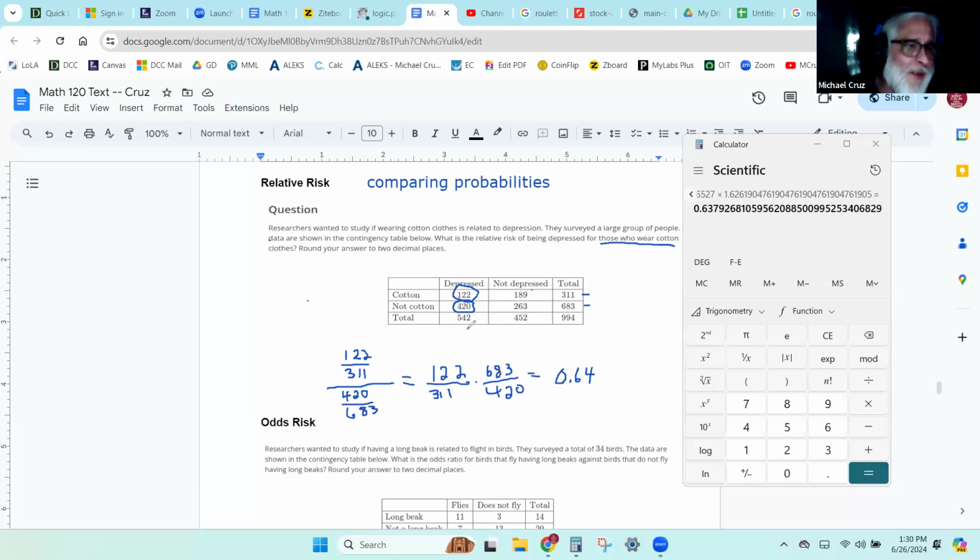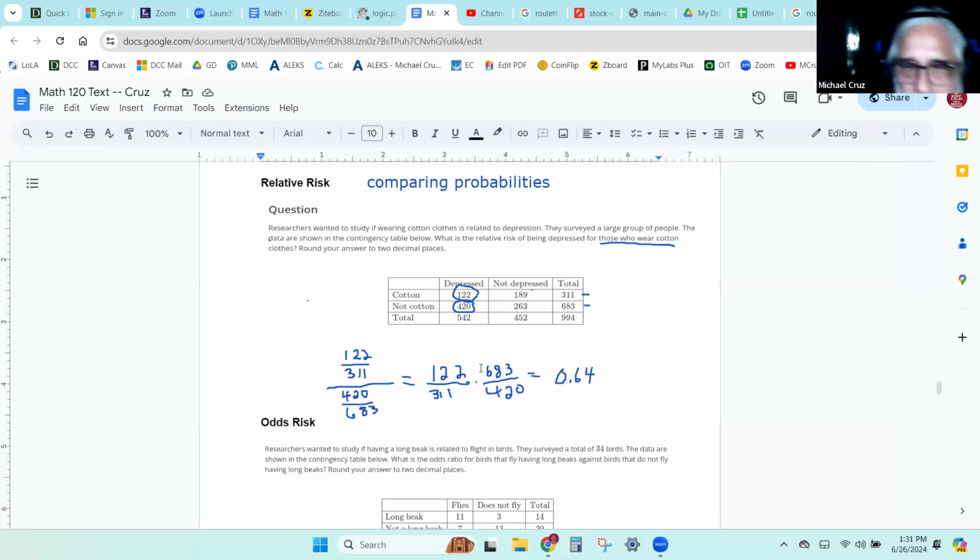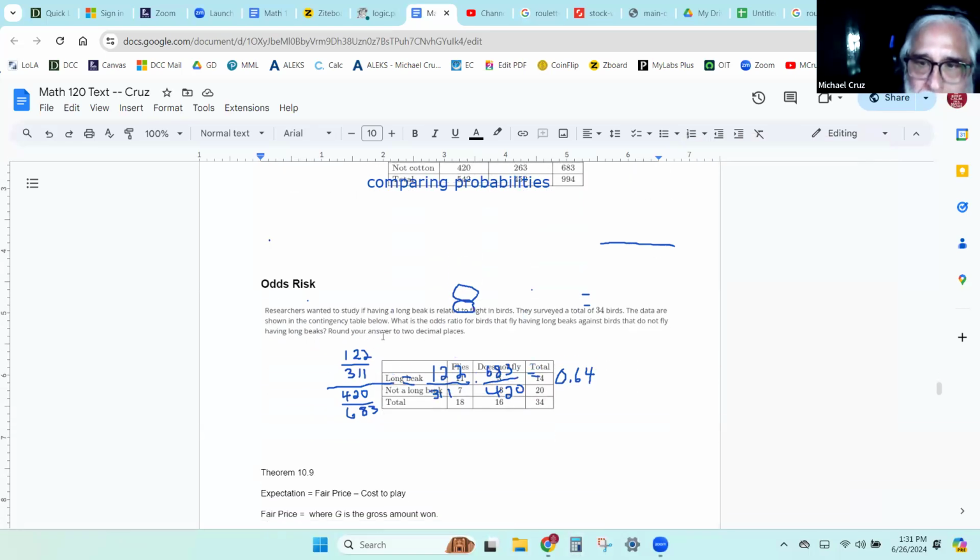And the higher the number gets, let's just say it was 2.64, then you'd basically be looking at a 264% change. They don't ask you all that, but they do mention it in there. They just ask you to calculate it.